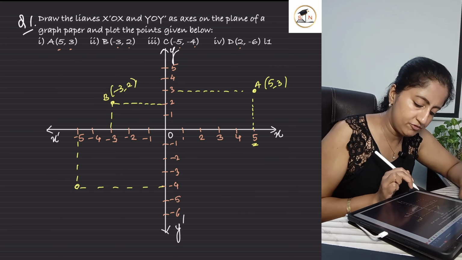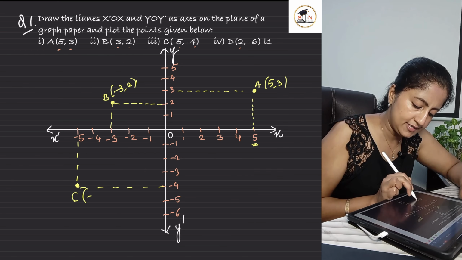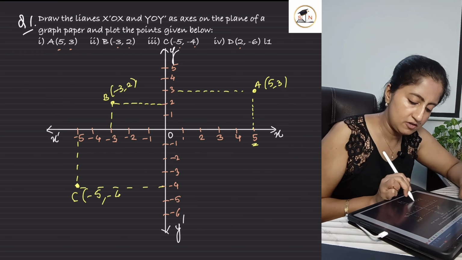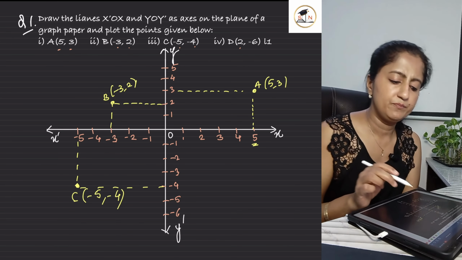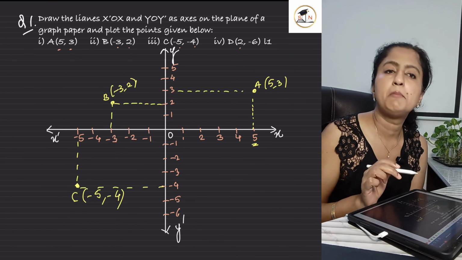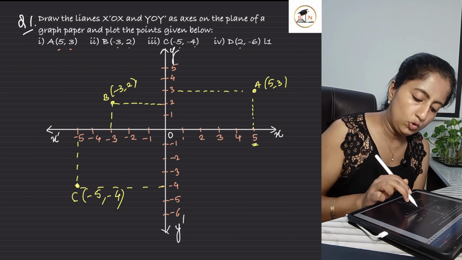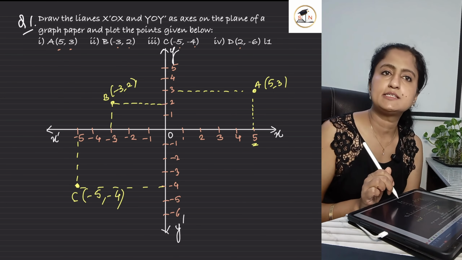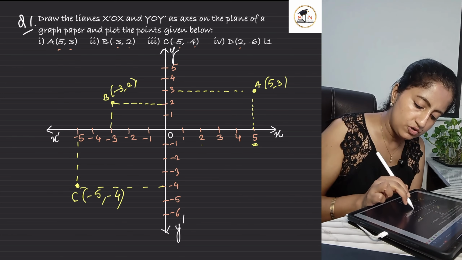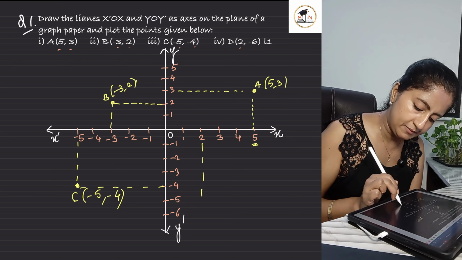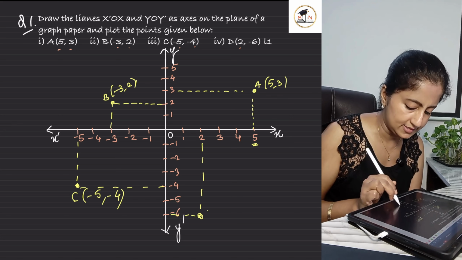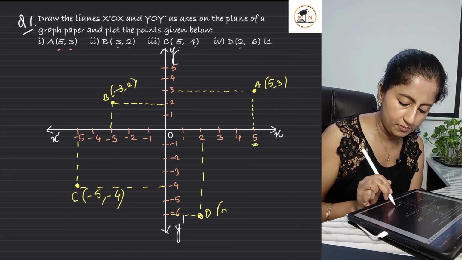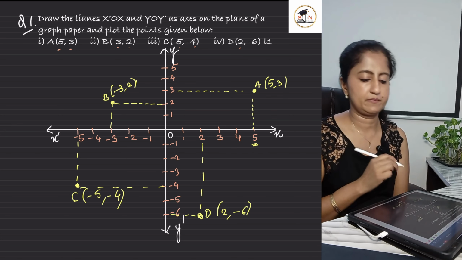That means we have got this point as our C. We get (-5, -4), right? And the last point D, which is (2, -6). Now 2 is X and minus 6 is Y. So joining them over here gives us a point like this. And we write (2, -6).